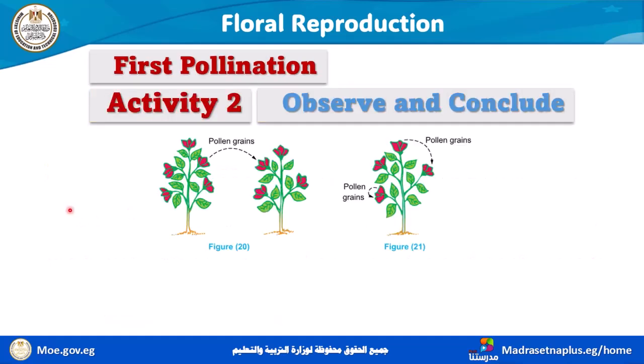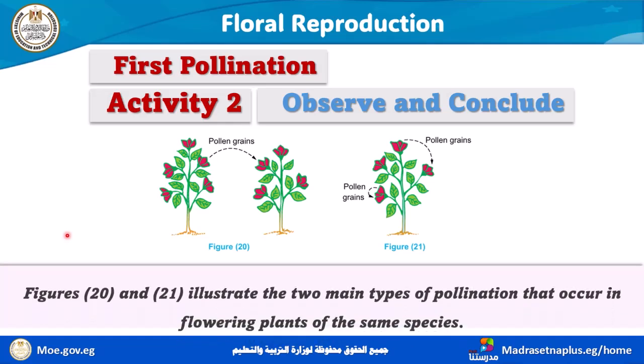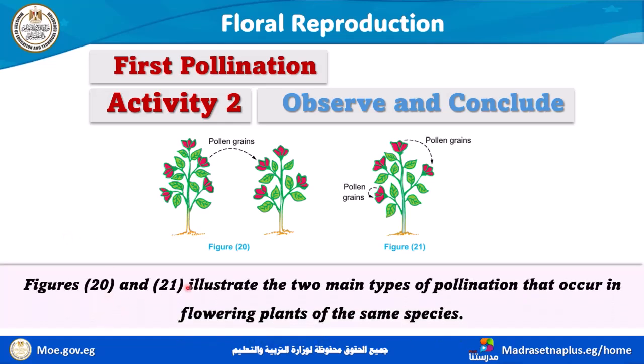To learn more about pollination, we will do the second activity in our lesson, and in this activity we will try to observe and conclude what pollination is. We will start by studying these two figures, figure 20 and figure 21.